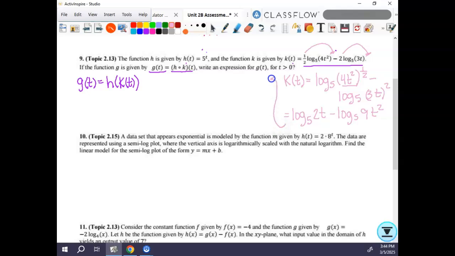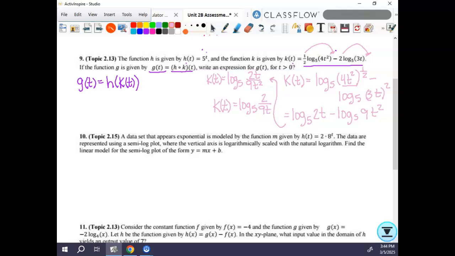So then I'm going to go here. So that means that k of t is equal to log base 5 of, and I can condense those and put 2t over 9t squared. So really k of t is just log base 5 of 2 over 9t.